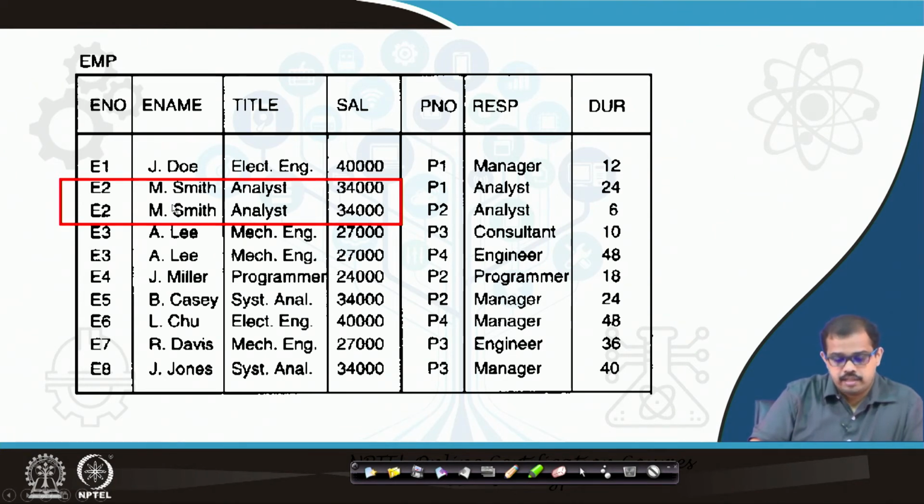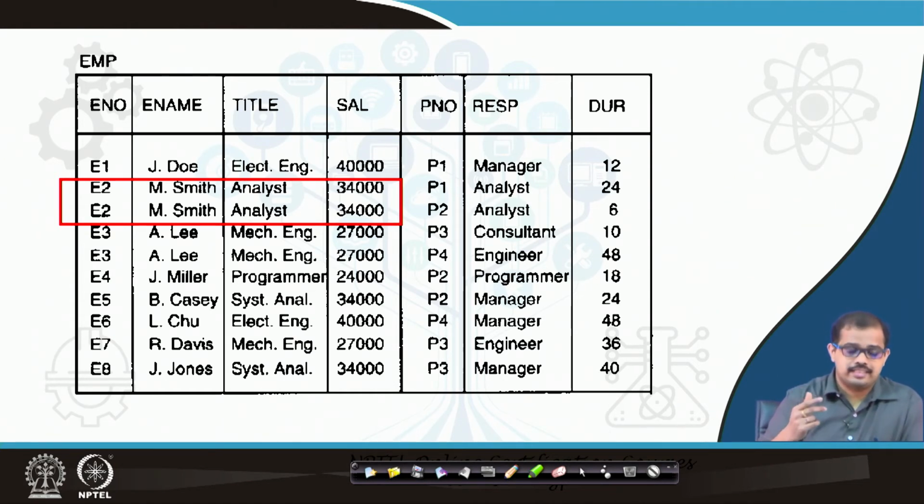When we define this particular entity, it is duplicated in two places just to mention how many hours he has worked in the case P2. But this redundancy can be reduced. For example, for Smith, 34,000 is his salary, and P1, P2 and 24, 6 could be in two different fields, in the same row, so that would reduce the data redundancy.